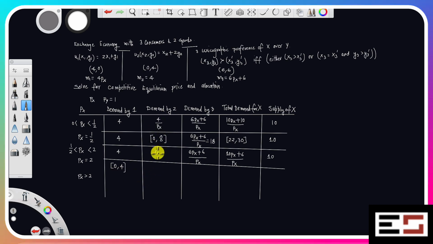Consumer 2's demand for X will be 0, and consumer 3 again will spend all his money on X, so the demand for X will be 6px plus 6 by px, which in this case, if you substitute 2, you will get 12 plus 6, 18 by 2, which is 9. So notice that the demand for X can be anything in this interval, 9 to 13.